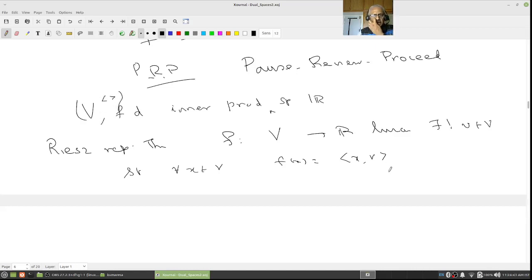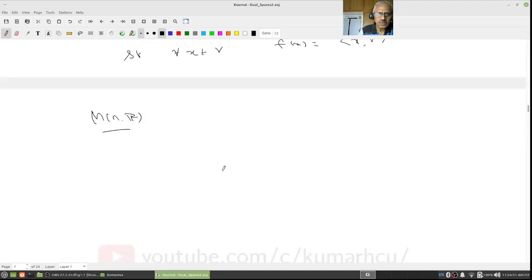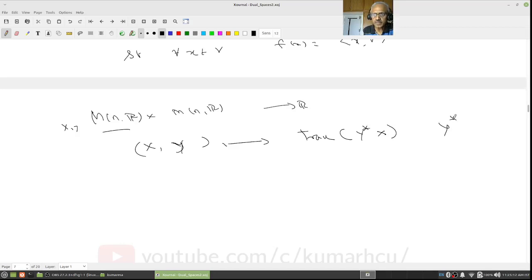Now let us look at M_n(R). So I have an inner product on that. The inner product is, give me x and y, that is M_n(R) cross M_n(R) to R. The mapping is (x, y) going to trace of y star x, where y star is the transpose of y. So this is an inner product.